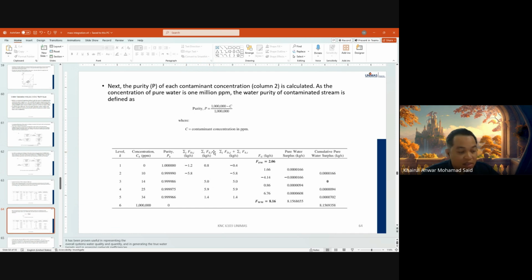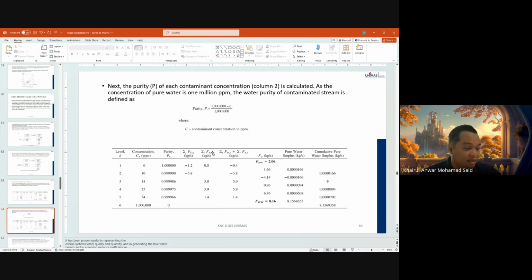Next, column six is the net interval flow rate. So sum of source minus demand. So D here, FD, is for demand, and S here refers to source or supply.